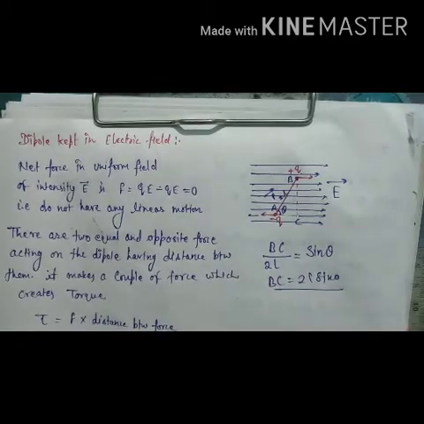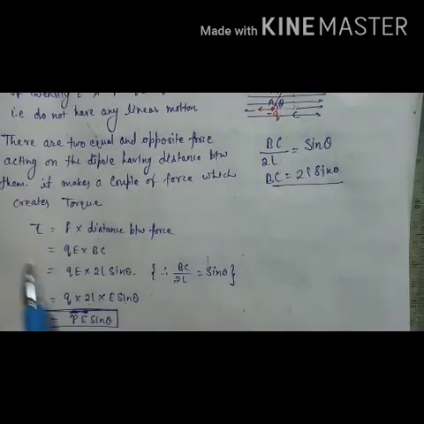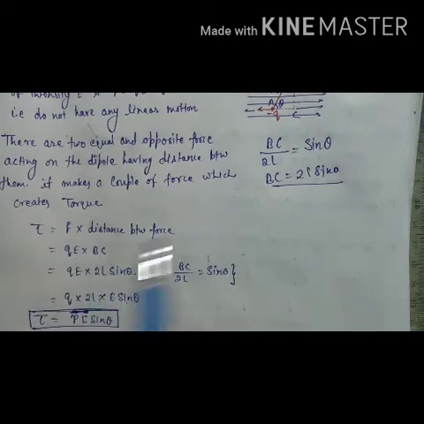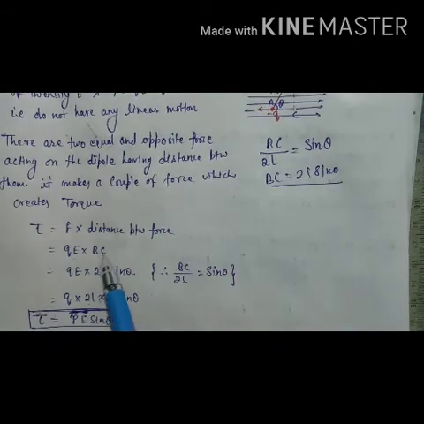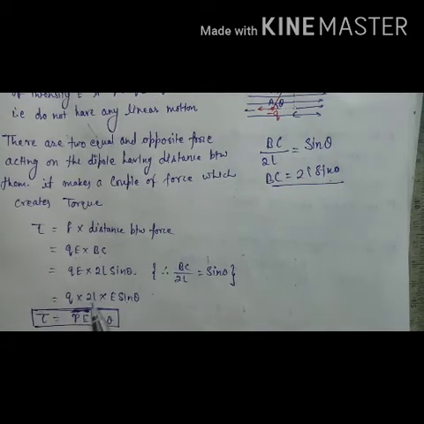Torque is equal to force into perpendicular distance, so we have force qE multiplied by BC, and we found BC is equal to 2L sine theta. We put the value of BC here, so we have q into 2L into E sine theta. And q into 2L, what is this?